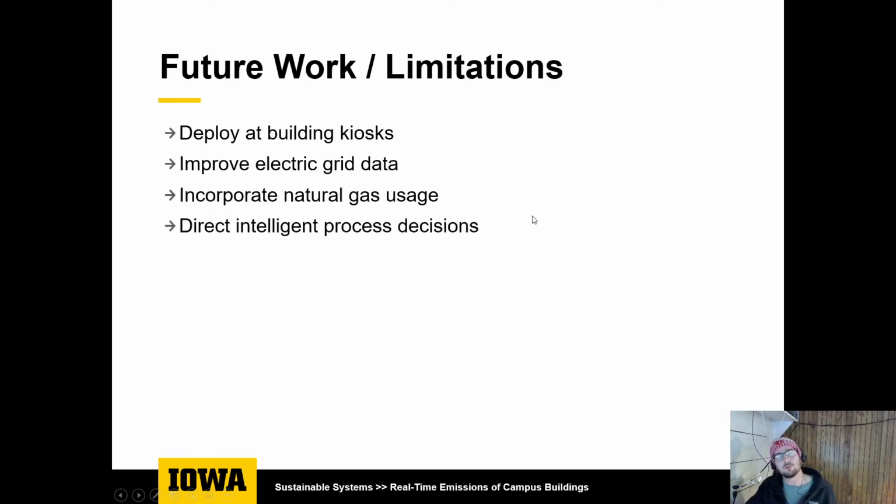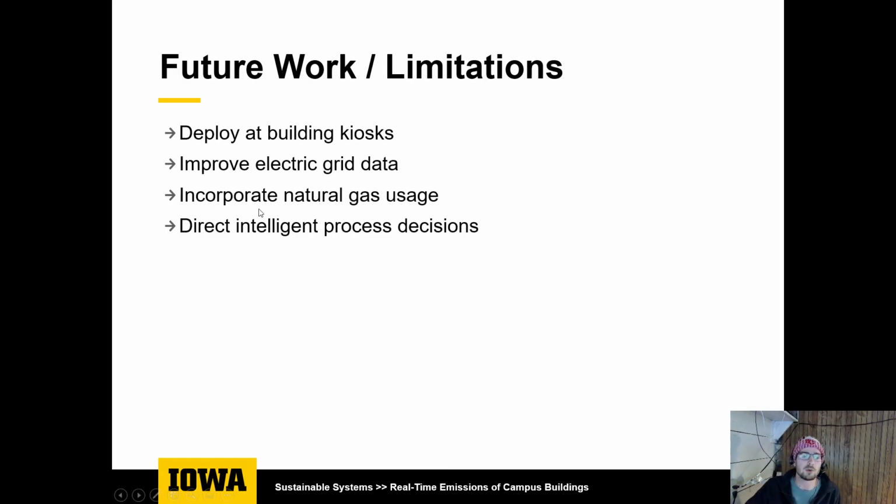It would be really cool if we could direct intelligent process decisions based on our carbon emissions value. So if we have to do some energy intensive process, can we wait to do that process for when our carbon emissions factors are low, like when we're producing the least amount of carbon and our fuel mix is most ideal for minimizing carbon.